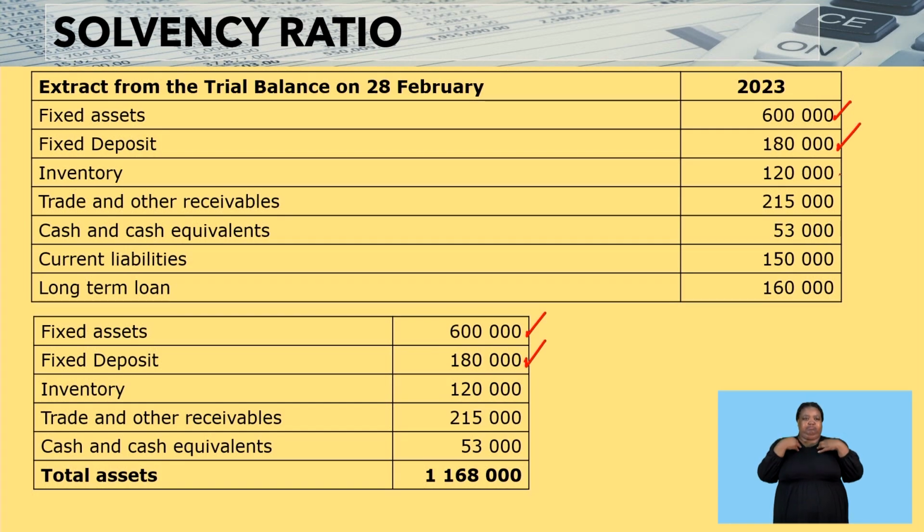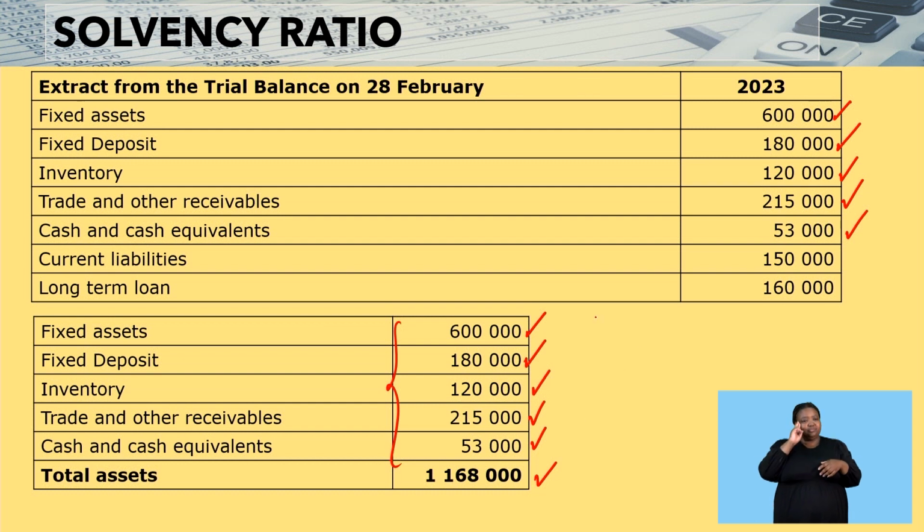We have inventory, which is 120, trade and other receivables, 215,000, and cash and cash equivalents, which is 53,000. We add all these assets and we end up with 1,168,000.